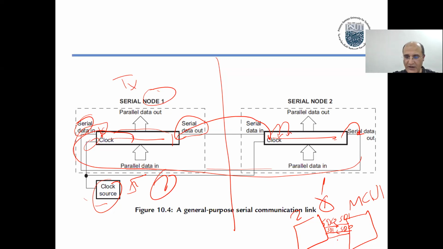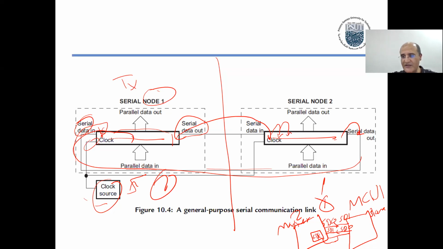Then you have the clock, which is part of one of them. The one who owns the clock we call the master, and the other is the slave, because the master controls the speed, the clock, and everything.